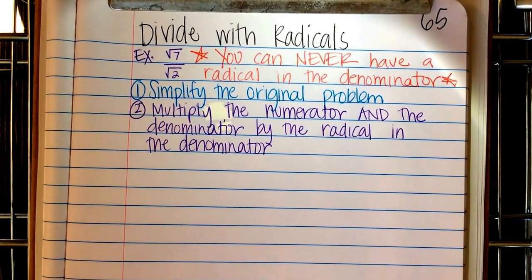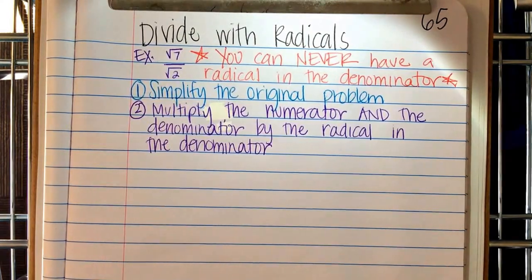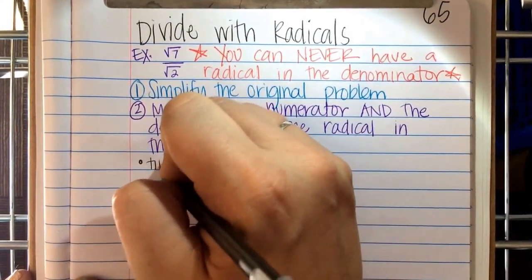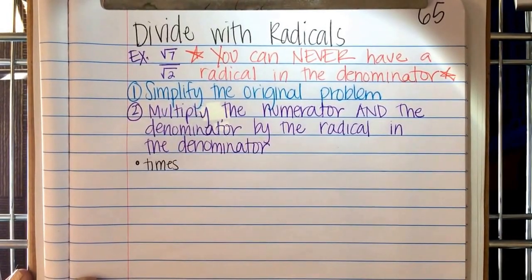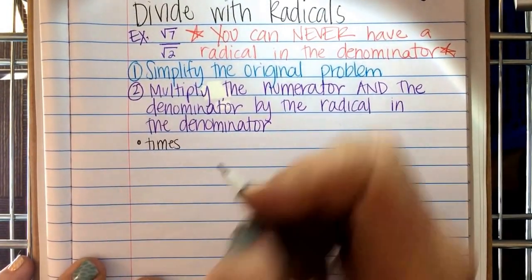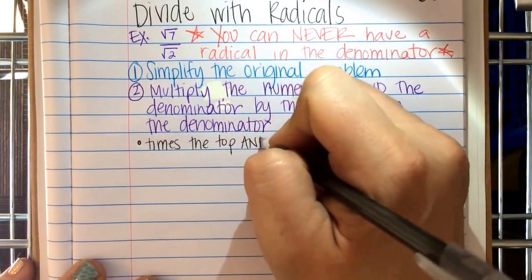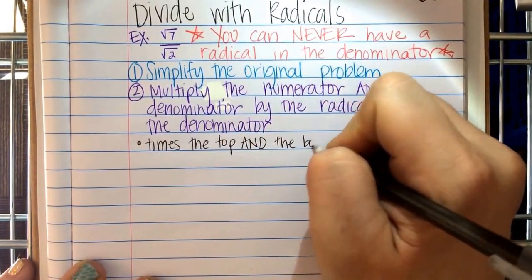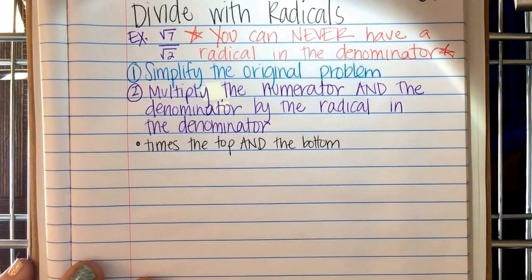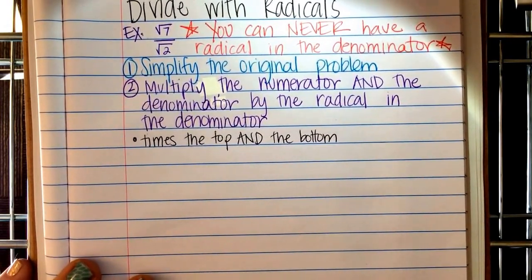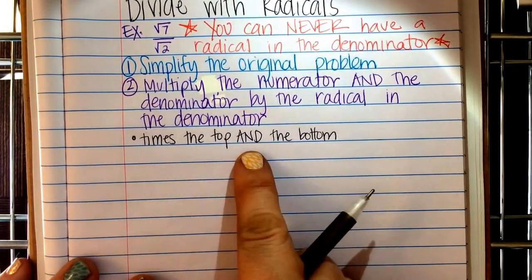Make sure you write that down word for word because that's what's going to be helpful. So what does that mean? It means you're going to times the top and the bottom. Is that what it says? Multiply the numerator and the denominator. Does that mean times the top and the bottom?